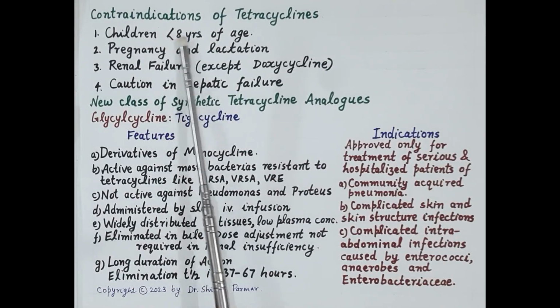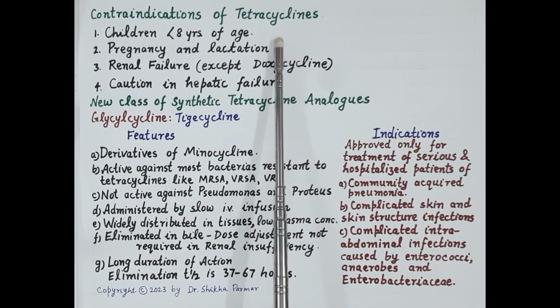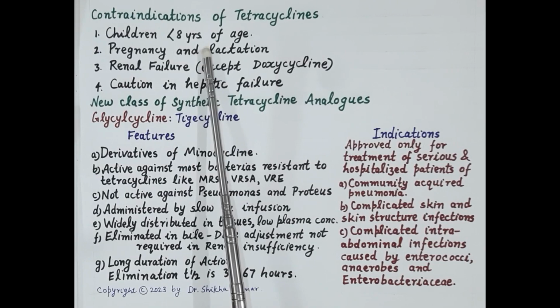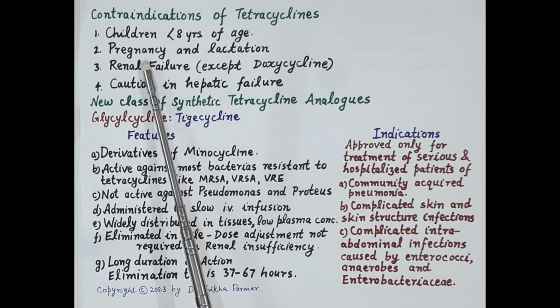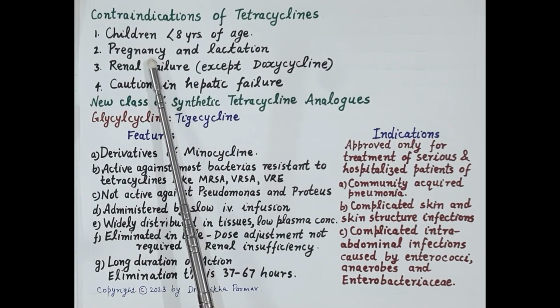Now look at the contraindications of tetracyclines. Now, as tetracyclines specifically cause teeth discoloration, then ill formation of teeth, then temporary suppression of bone growth, they are contraindicated in children below 8 years of age and also during pregnancy and lactation. Now, during pregnancy, risk of hepatotoxicity also increases with these drugs.